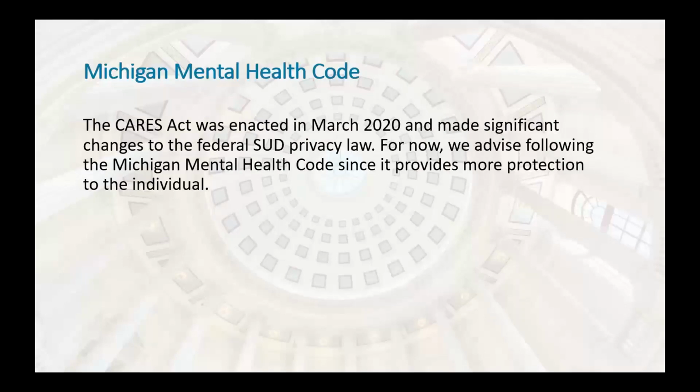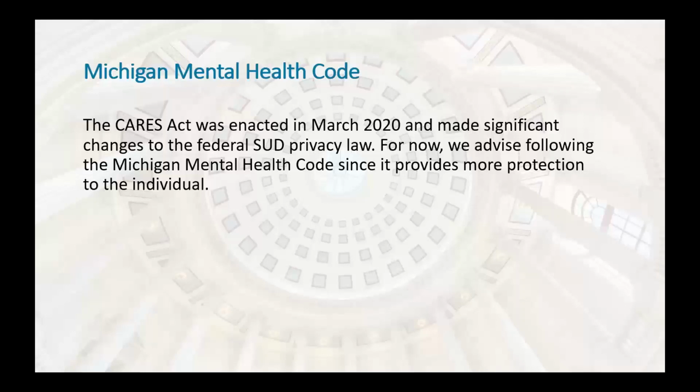Please note, the Coronavirus Aid, Relief, and Economic Security Act, or CARES Act, was enacted in March 2020 and made significant changes to the federal SUD privacy law. The Substance Abuse and Mental Health Services Administration, or SAMHSA, has until March 2021 to implement appropriate regulations.